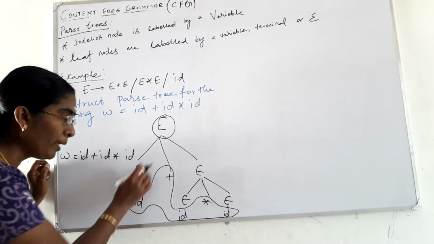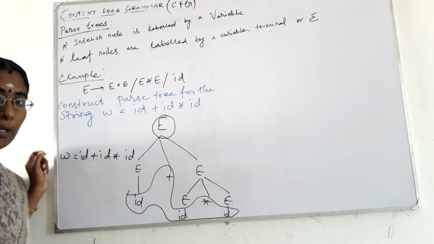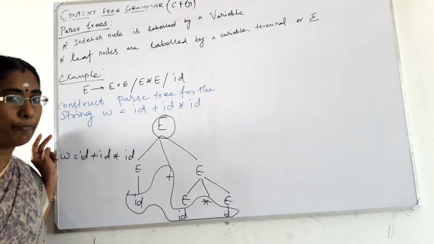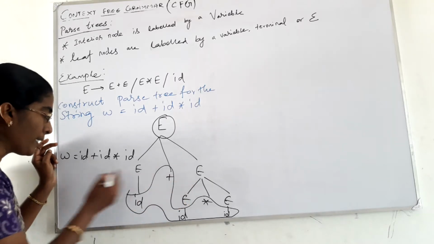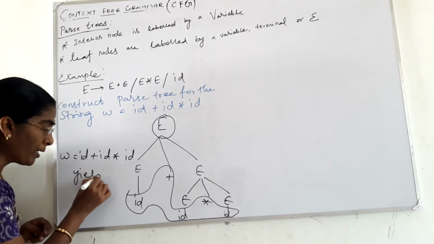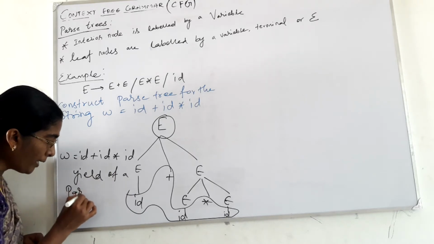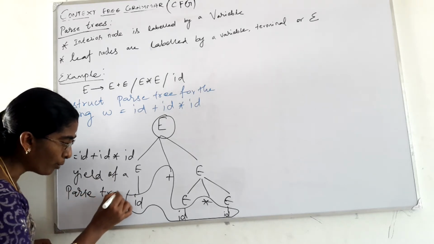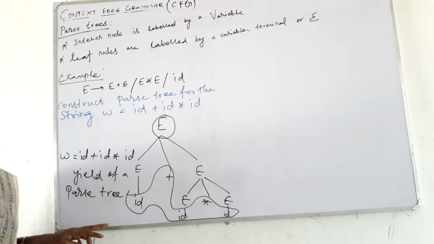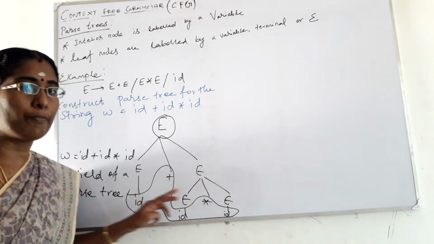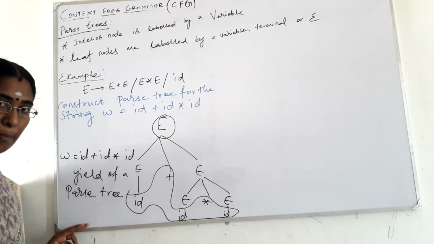The concatenation of all the leaf nodes of a parse tree is called the yield of a parse tree.